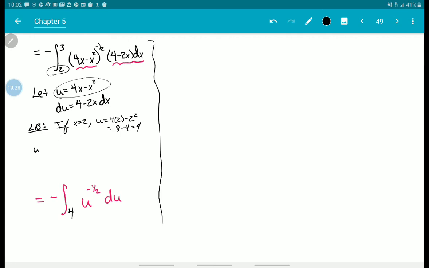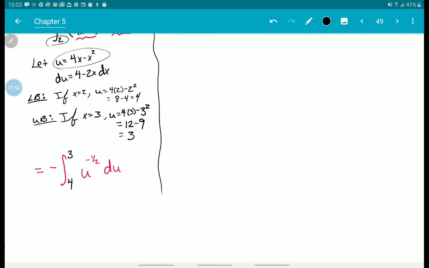And then the upper bound, if x is equal to 3, then u is going to be 4 times 3 minus 3 squared. So 12 minus 9 is going to be 3. So I want you to notice that our lower bound is bigger than the upper bound.